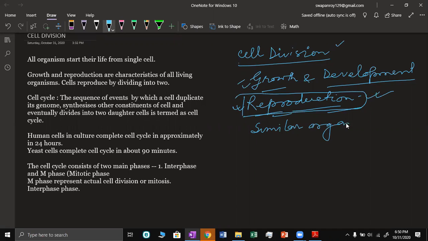In this process, there are unicellular organisms and multicellular organisms. Multicellular organisms increase their size by increasing the number of cells, and for that new cells have to be produced.